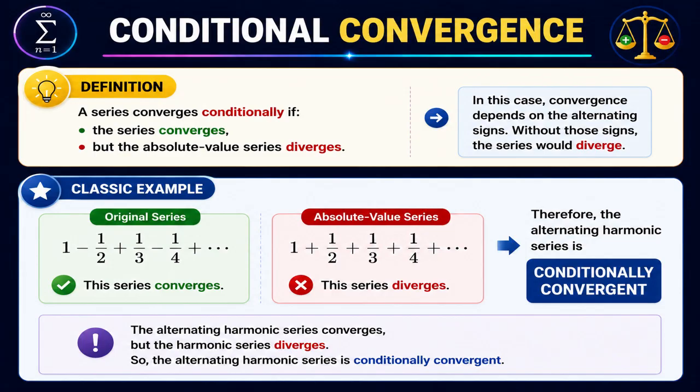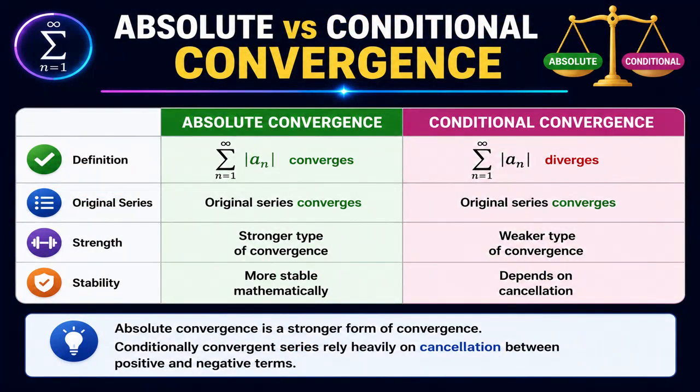Without those signs, the series would diverge. The most famous example is the alternating harmonic series. The alternating harmonic series converges, but the harmonic series diverges. Therefore, the alternating harmonic series is conditionally convergent.